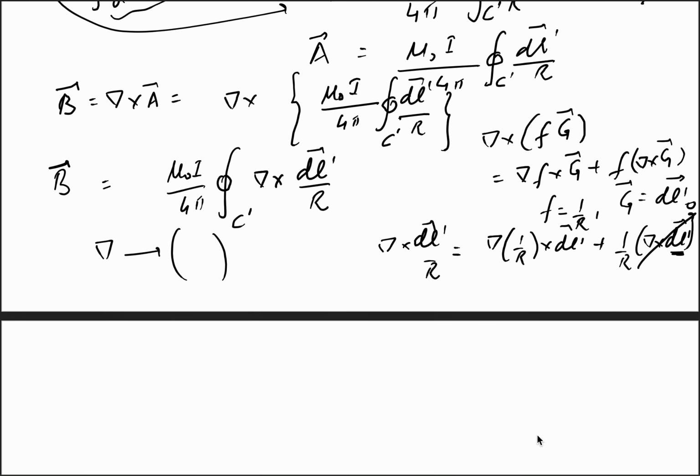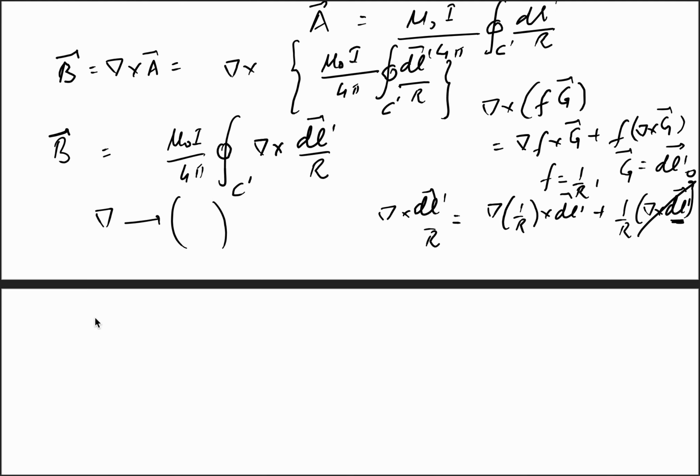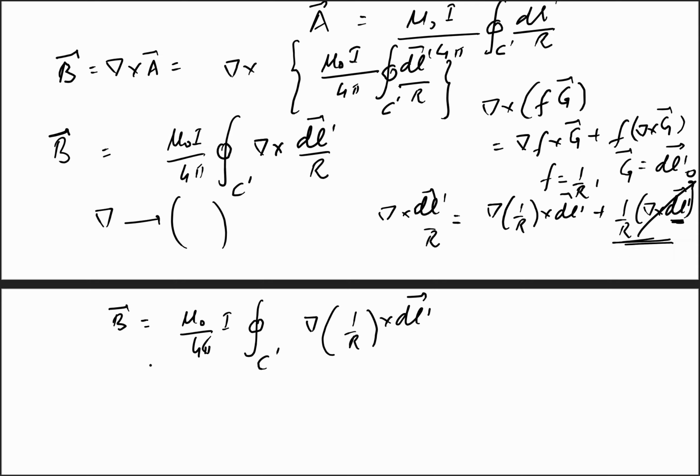So now we can write B is equal to mu naught upon 4 pi I over the full curve C of del of 1 by r cross dl dash, and the other term is equal to 0, so no need to write it again.